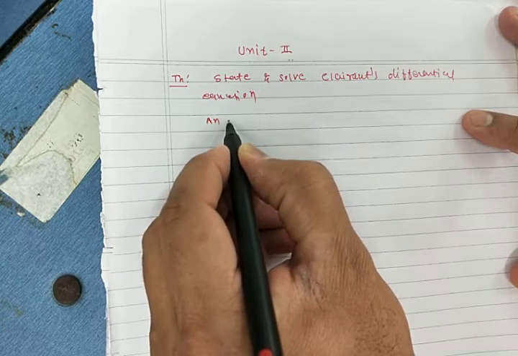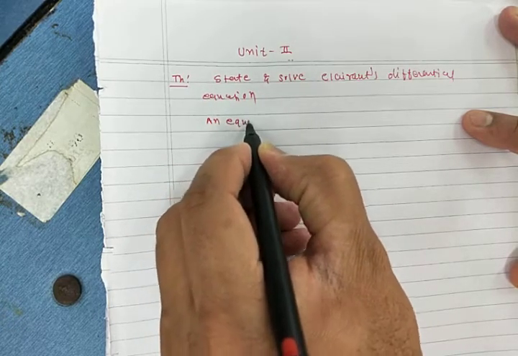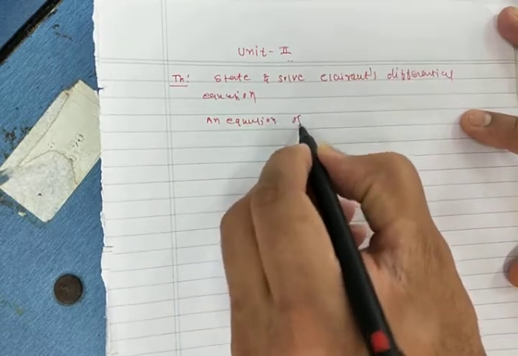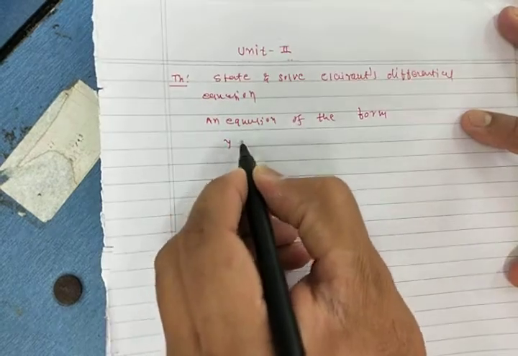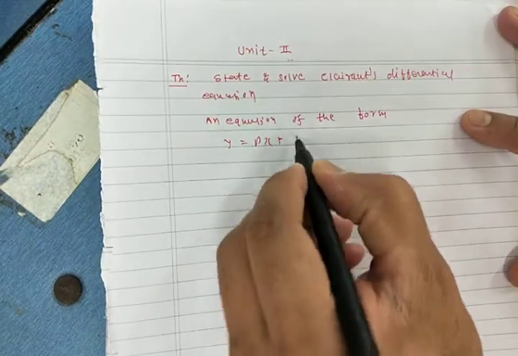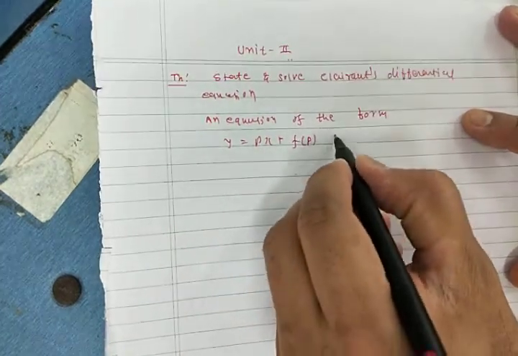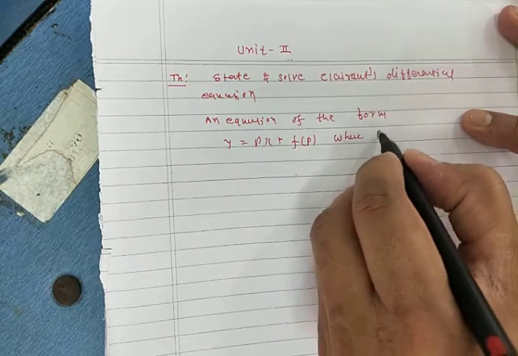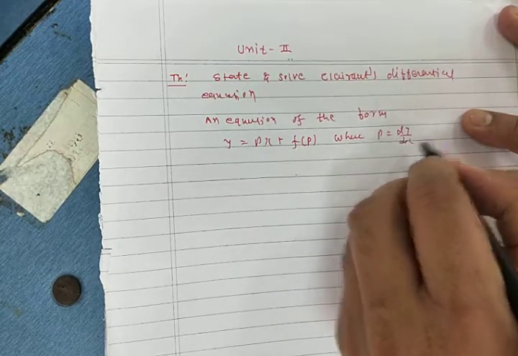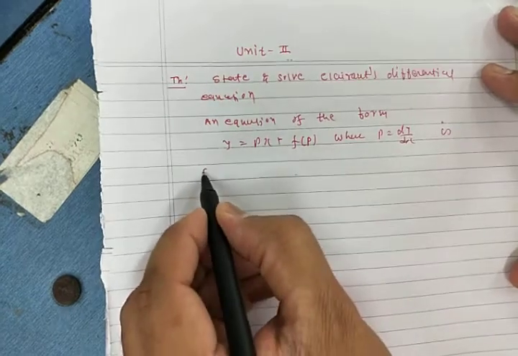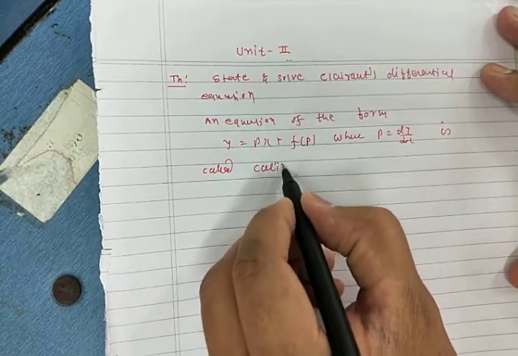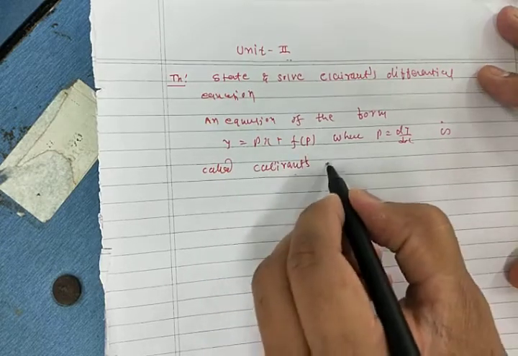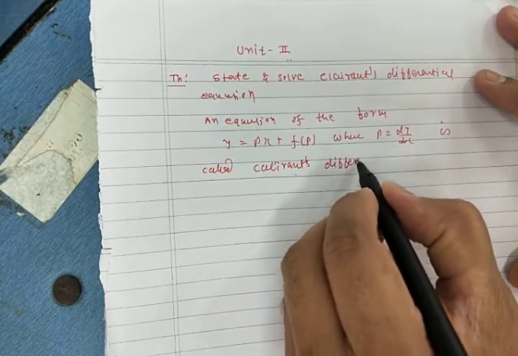An equation of the form y is equal to px plus f of p, where p is equal to dy by dx, is called Clairaut's differential equation.